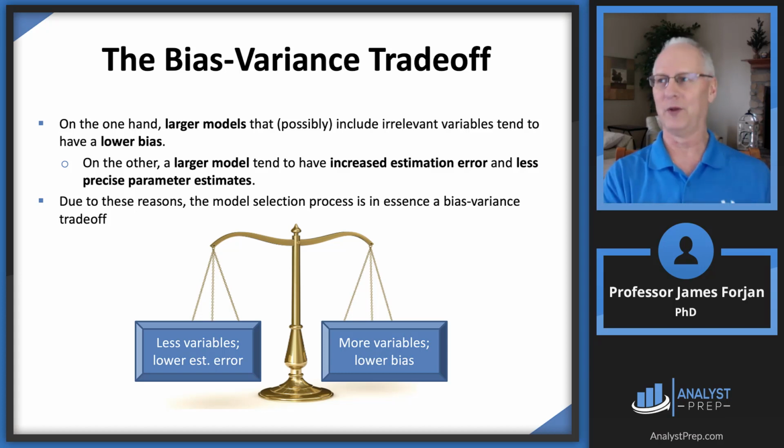Sometimes our model is going to have too many variables. Sometimes it's going to have too few variables. So what we want to do is we want larger models to have a lower bias. But when we have these larger models, we have an increase in the estimation error and less precision in those parameter estimates. So it's really a trade-off, right? Do we want lower bias or do we want a lower estimation error?